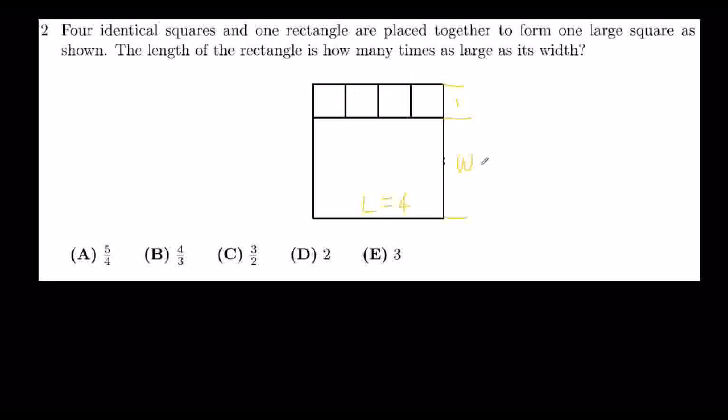It's 1 unit taken away, so this is 3. And the ratio of length over width is 4 over 3. Answer is B.